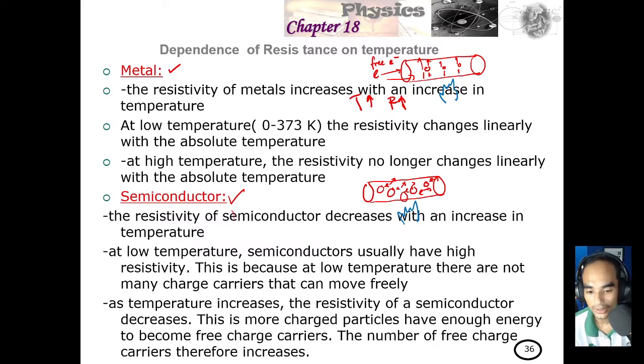So when you increase the temperature, the resistivity will be lower, because you make more free electrons. So for a semiconductor, it is better if the temperature is higher. More free electrons are released from the orbits of the atom.